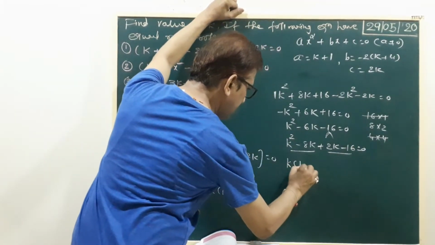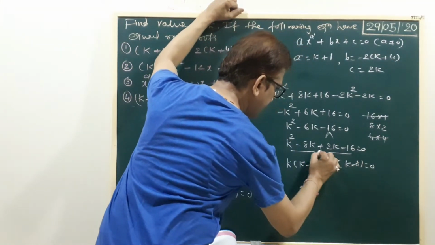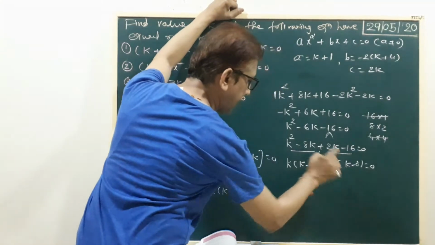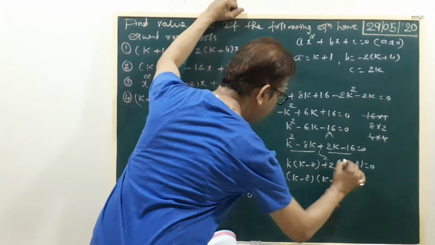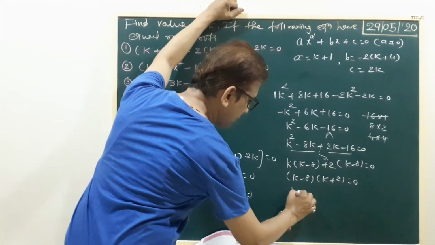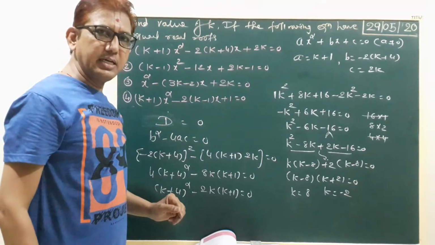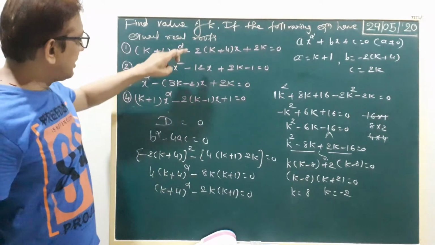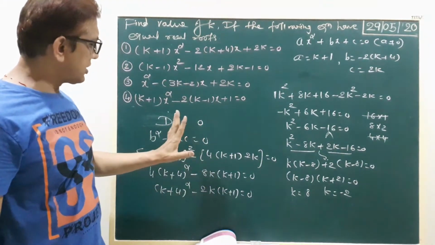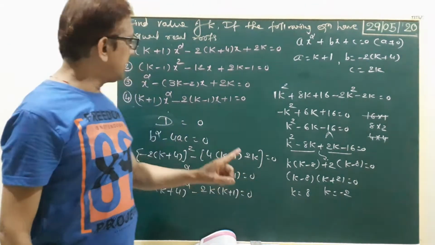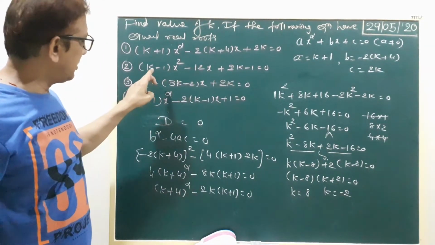Now k common, k minus 8, again k minus 8 common, and plus 2. So k minus 8 and k plus 2 equals 0. Individually 0, so k equals 8 or k equals minus 2. Is that clear? So exactly the same method: we calculate the discriminant equal to 0, then find k. First one is completed. Now we discuss the second one.